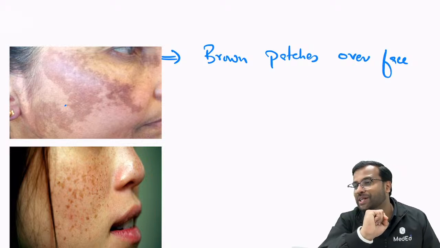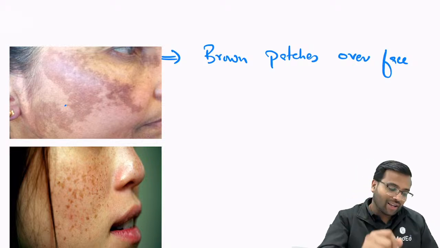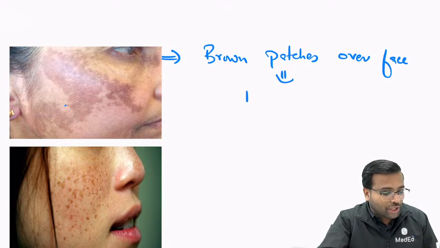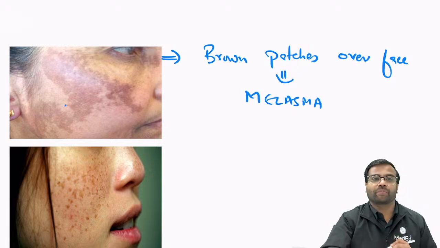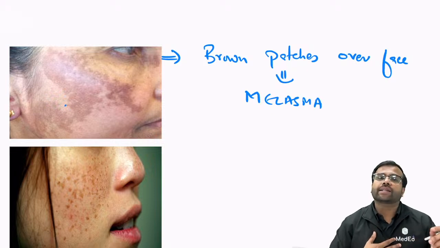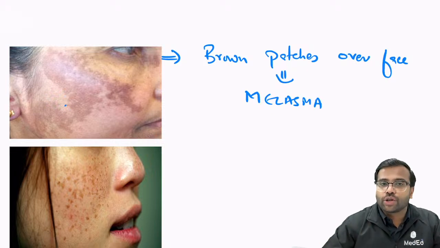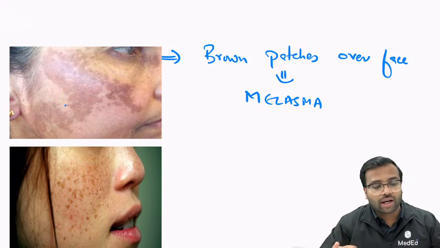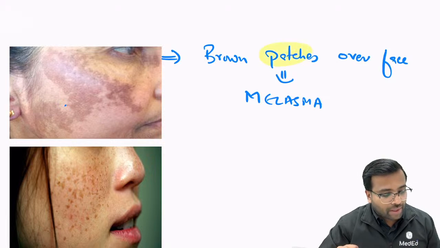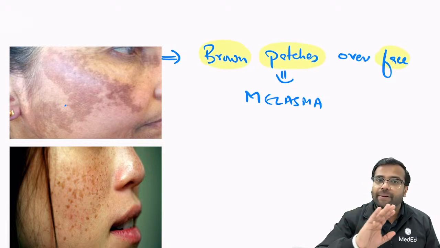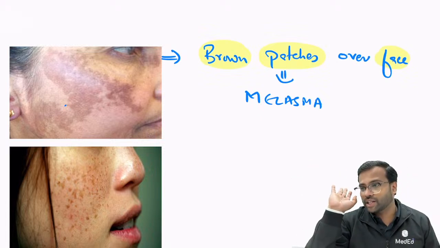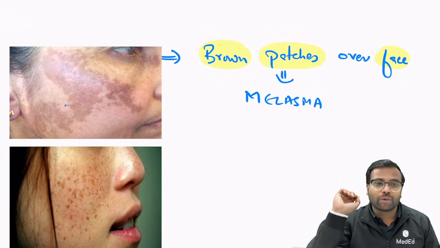You're asking with a question mark, isn't it? Melasma. Confident raho, this is actually melasma. This is how melasma will present to you. So what you will keep in your mind is, when a patient presents with a brown colored patch over the face, answer always is going to be melasma. Okay? So that is going to be melasma.